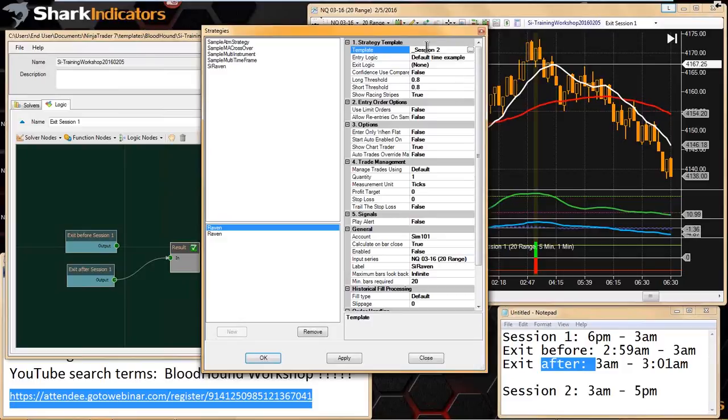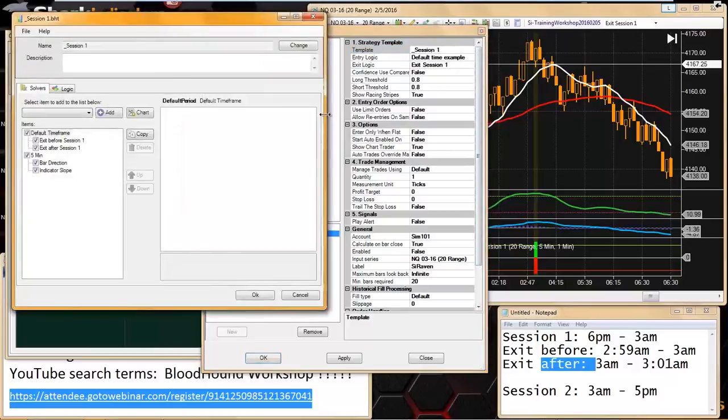Okay, there we go. So I've got a BloodHound file running the logic for session 2. Let's select the exit logic there. And let me just double check session 1.